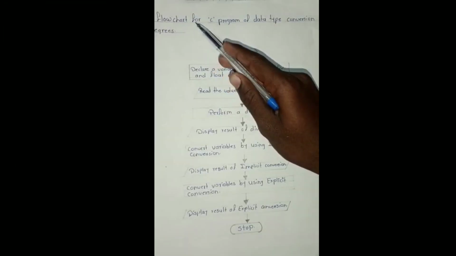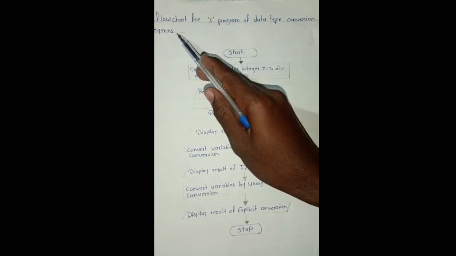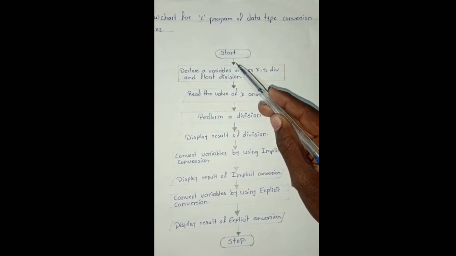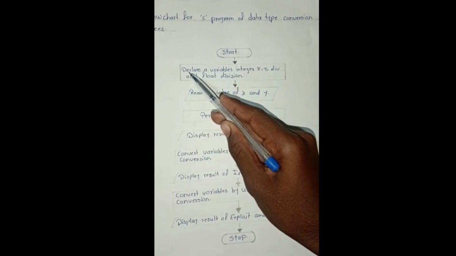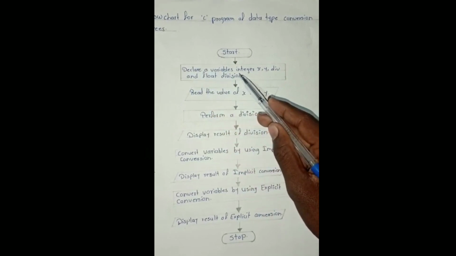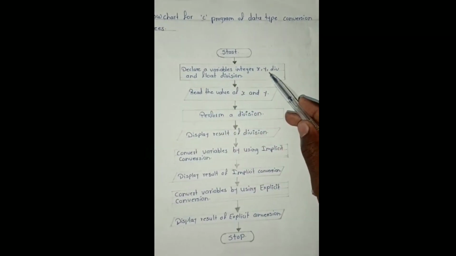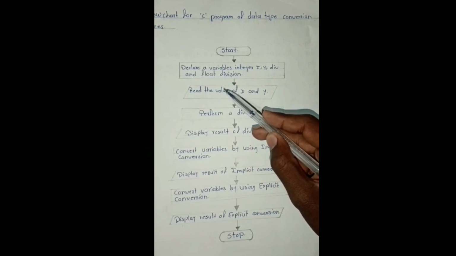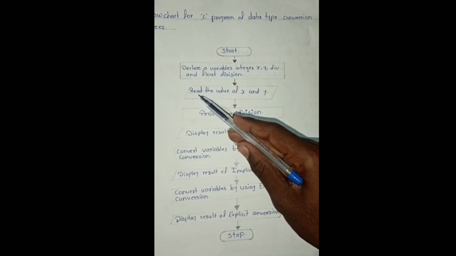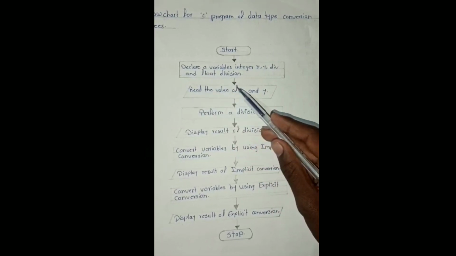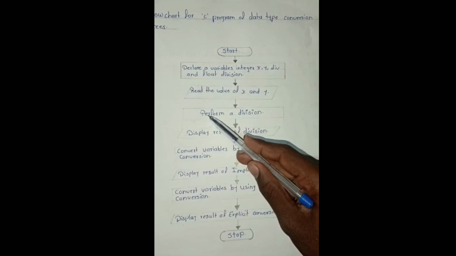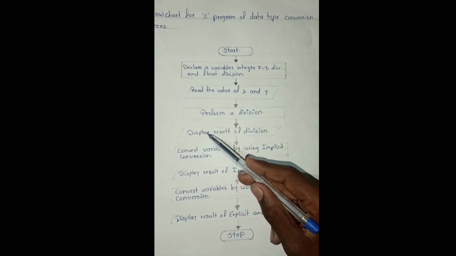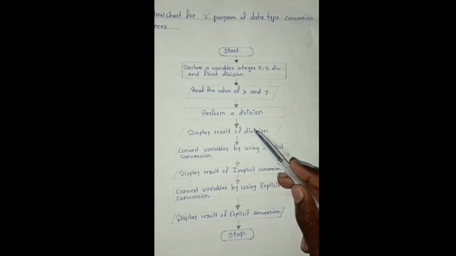Now we see the flowchart for the C program of data type conversion degrees. First, in terminal start. Next, in processing declare variables integer x, y, div and float division. Next, in input and output read the values of x and y. In processing perform a division. In input and output display the result of division.